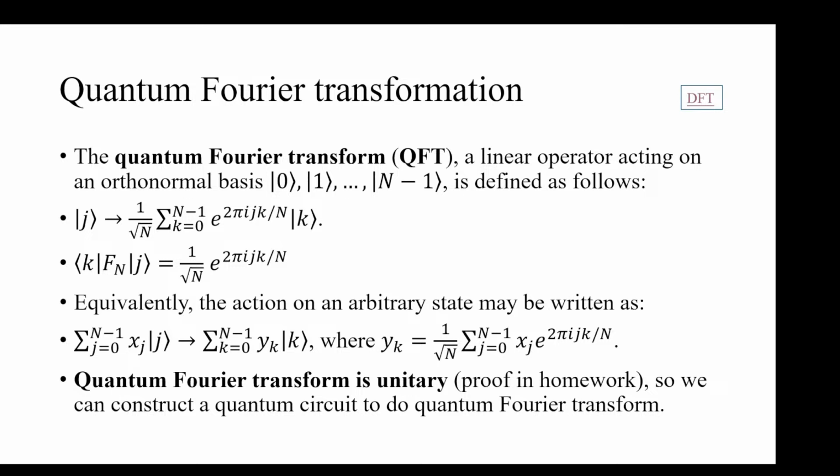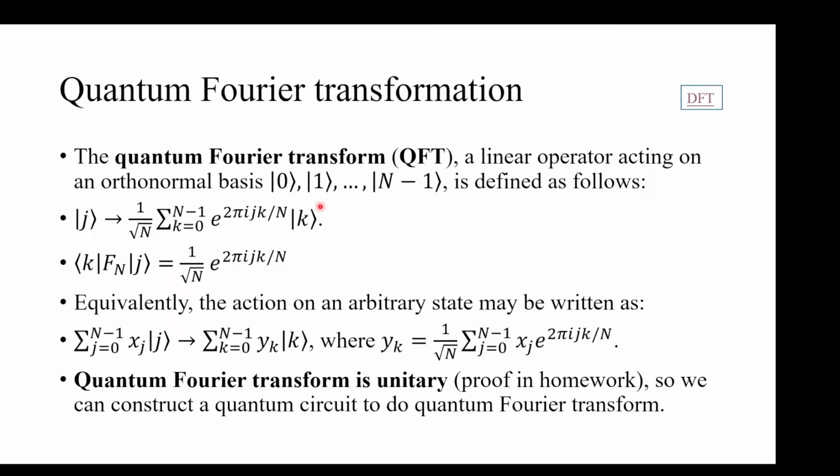So you see that each yk is 1 over square root n times e to the 2 pi jk over n, and there are all possible k. So this computational basis state j is going to be transformed into the summation over k of e to the 2 pi jk over n, normalized by 1 over square root n.